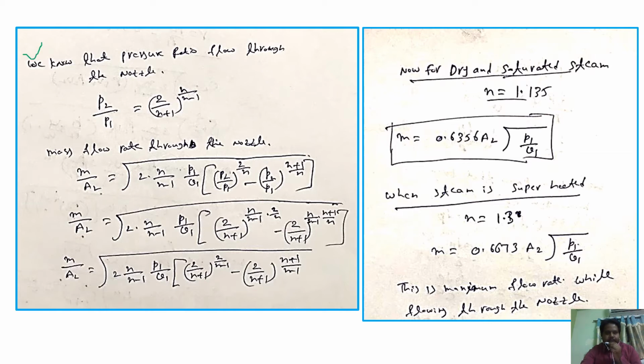As we know, the pressure ratio is P2 by P1 equals (2 by n plus 1) whole power n by n minus 1.